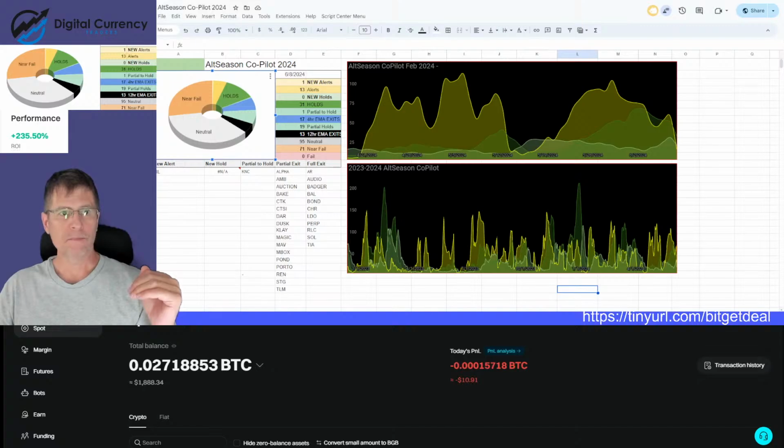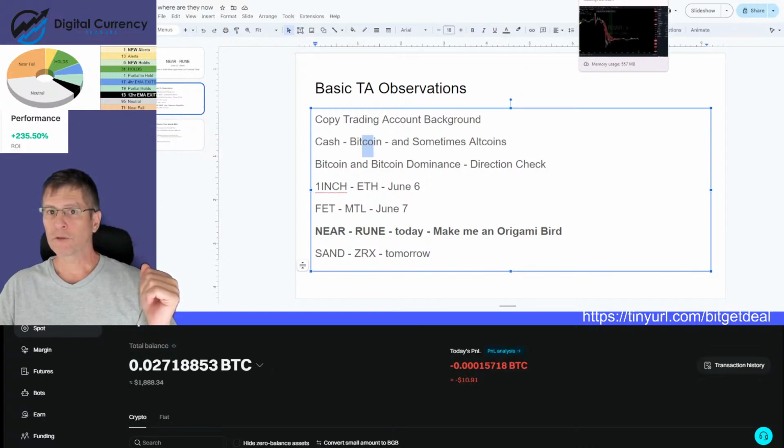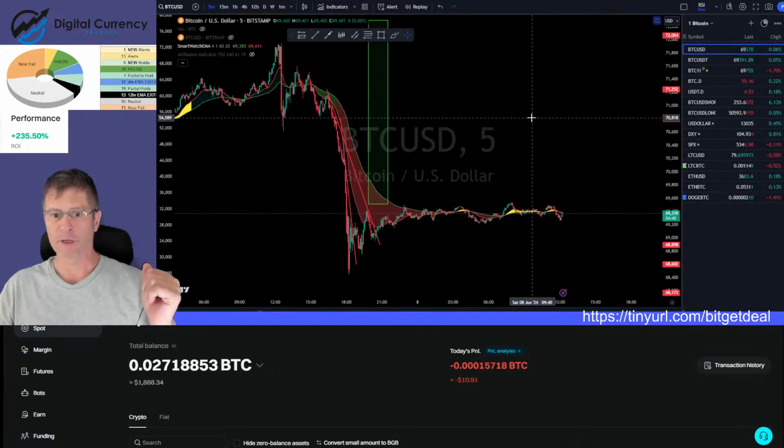Our system has 3 states of being: cash, Bitcoin, and sometimes altcoins. These altcoins have been kicked back into Bitcoin. Then we check to see if we should be holding Bitcoin or put that into cash and stand aside for a little bit. So we're going to jump into Bitcoin and Bitcoin dominance now, and then into the rest of the charts.